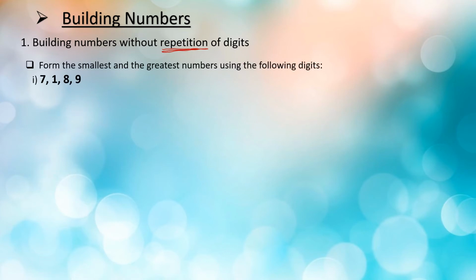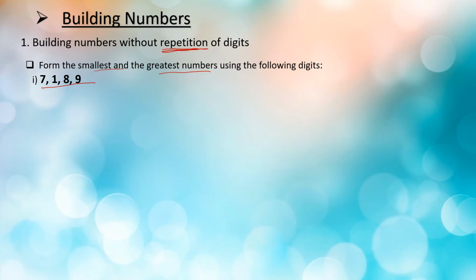Now we look into building numbers. The first type by which we build numbers is without the repetition of digits. That means the digits given won't be repeated. If you are asked to form the smallest and the greatest numbers using the following digits, how should you do that?